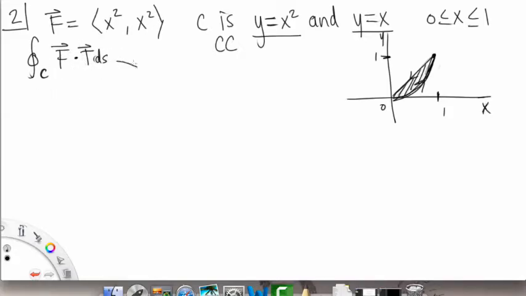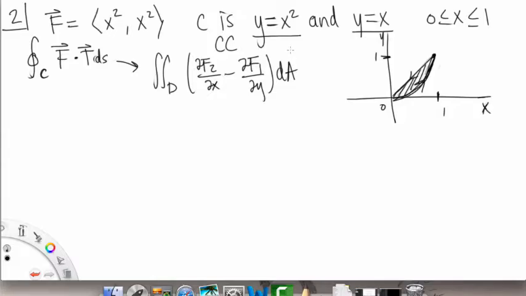Green's theorem says that this is equal to the double integral over the domain of partial f2 partial x minus partial f1 partial y, dA.